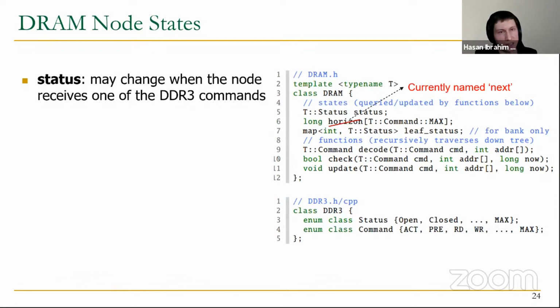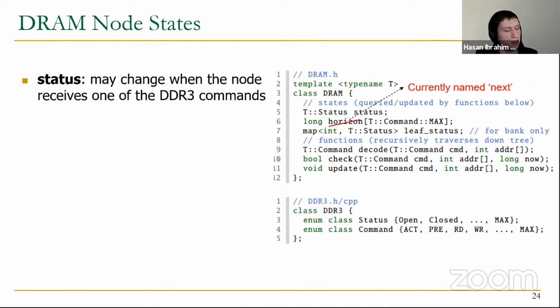So in order to access a DRAM row, you have to first activate that row. Only after the activate command can a DRAM bank receive a read or write command. So this is what the status indicates, right?